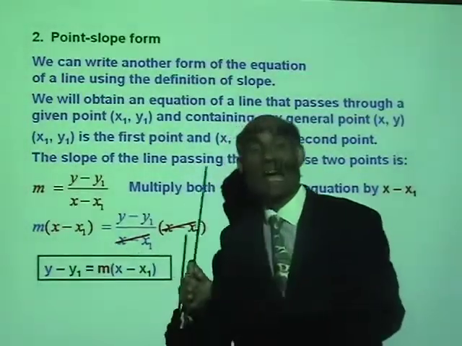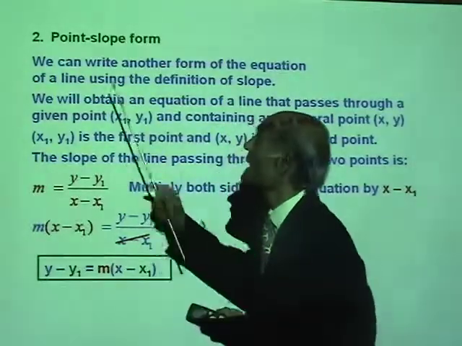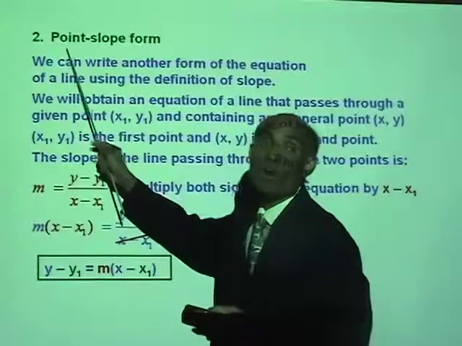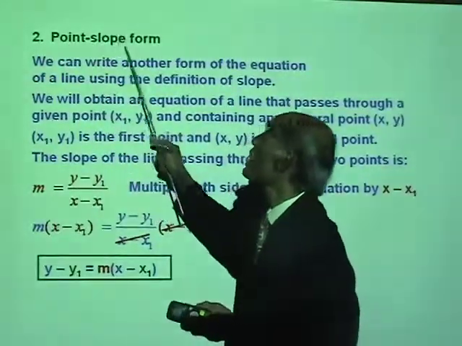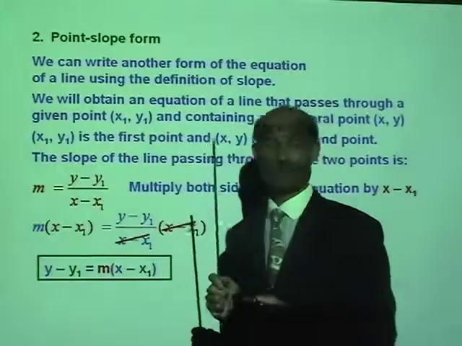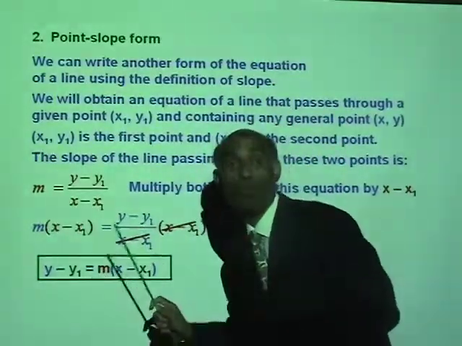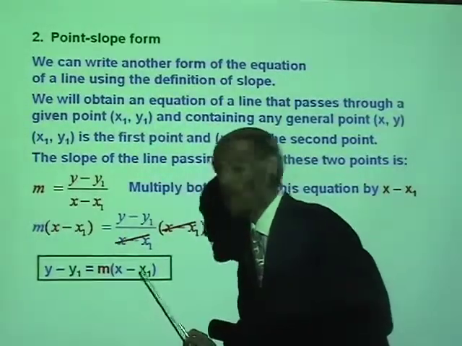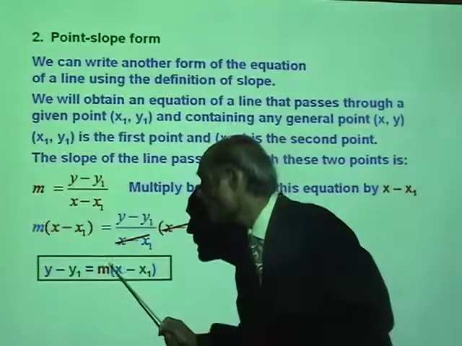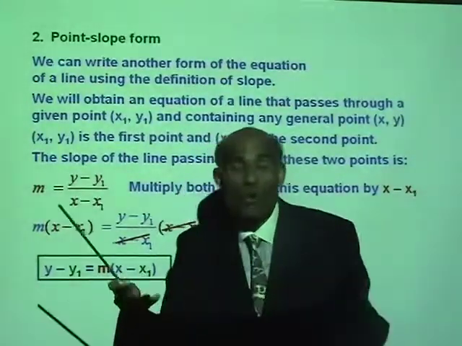This is another form of the equation of a line, and what is the name of that form? It is called the point-slope form, because it contains a point (x1, y1), that is the point, and it contains the slope m, and of course x and y are general coordinates.